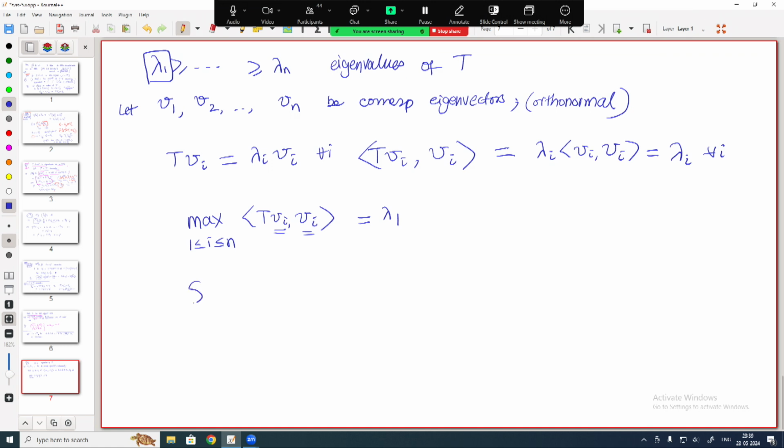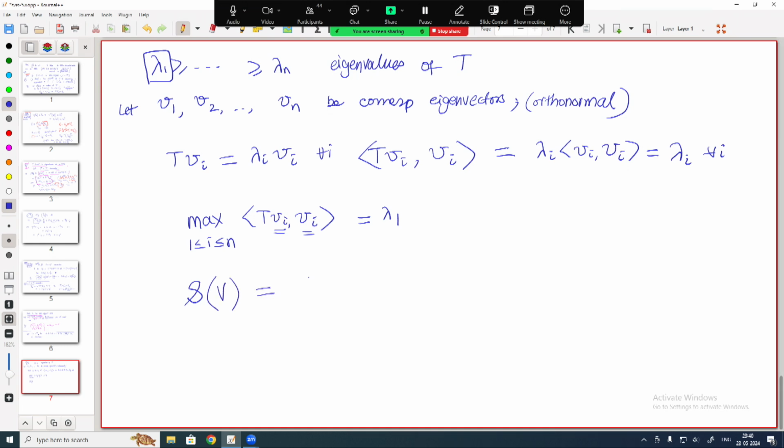Consider, let me call this S n minus 1, the unit sphere in Rn if you wish, but I am working in general in a vector space, so let me just call it the unit sphere in V, with a script S of V.